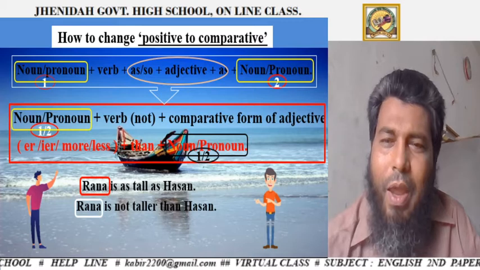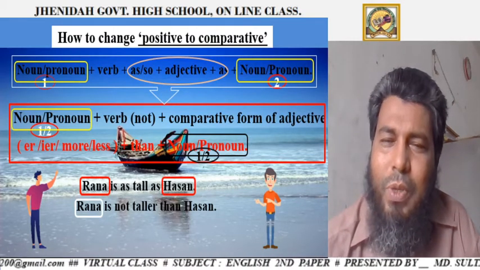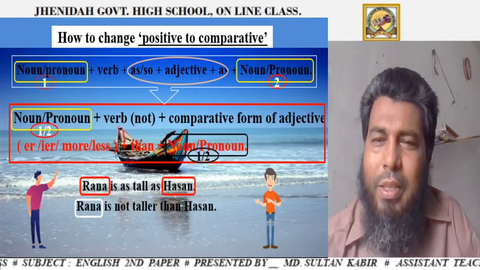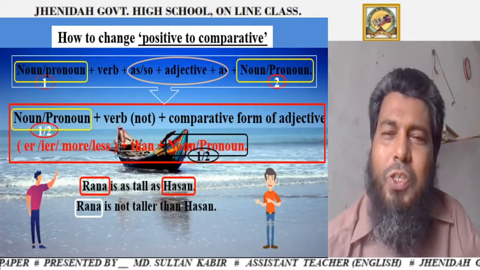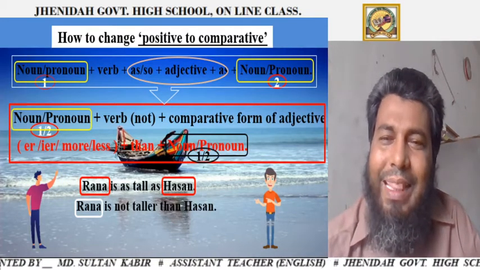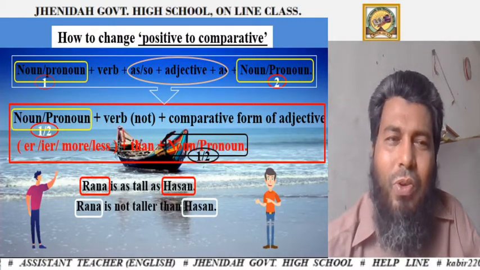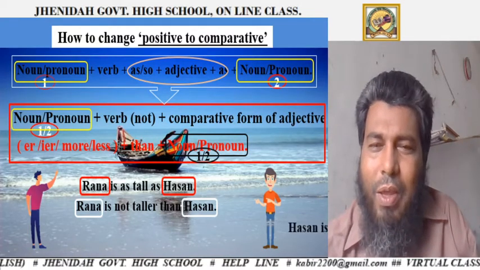Okay, and then the verb is, and after is we add not, and then the comparative form of tall. The comparative form of tall is taller, and after taller comes than, and the last noun, Hassan. Okay, and we can do it in another way.